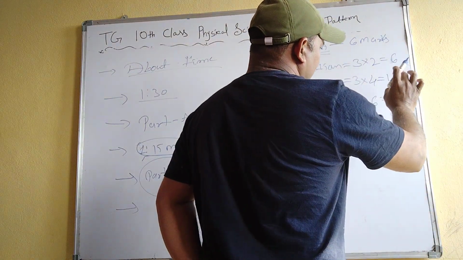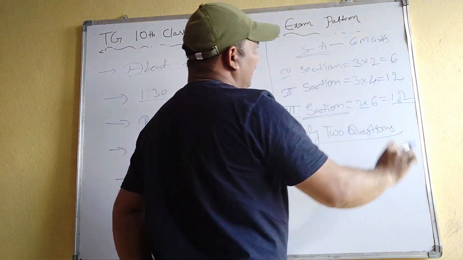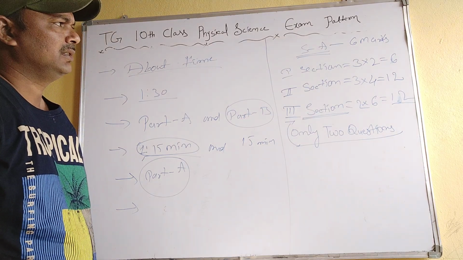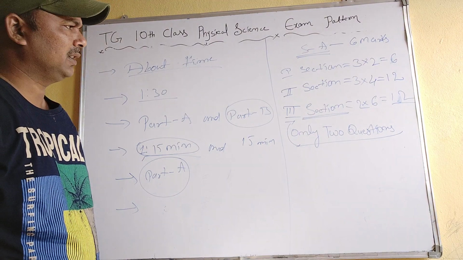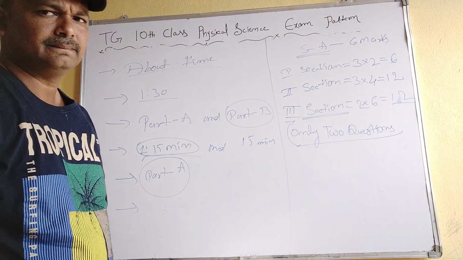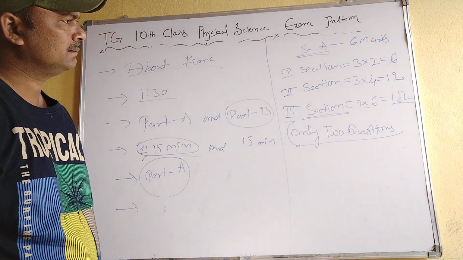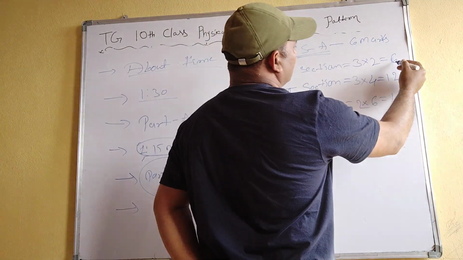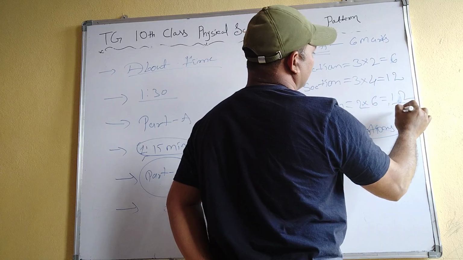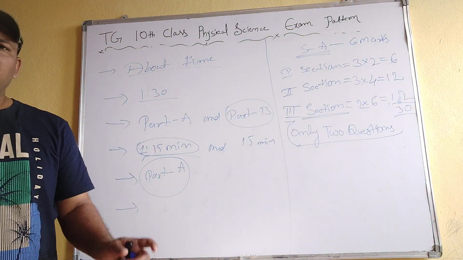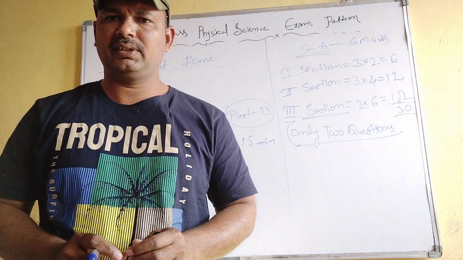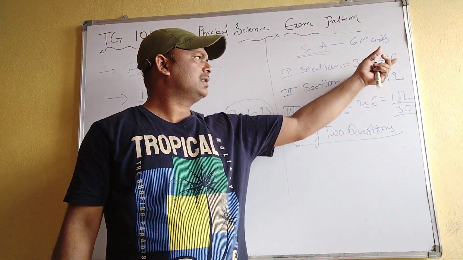Right? So this is the marks allotted, 30 marks. So we are allotting 30 marks for part A. Section 1, 6 marks.